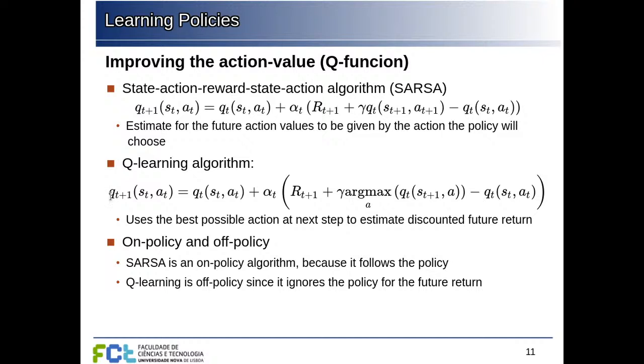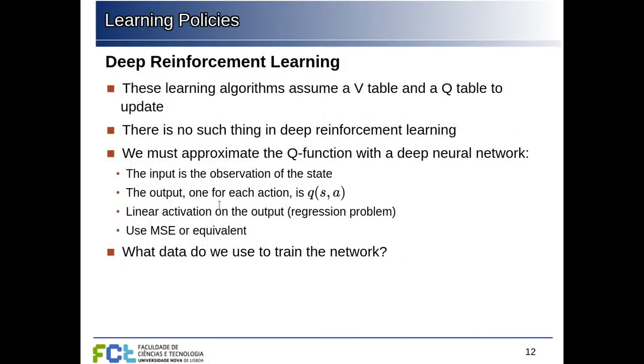So naively, we could think of this network as taking the state and all the actions as input, or the state and one action as input, and then outputting the action value, the value of the Q function for that pair state-action. But this would not be very practical because then we would need to feed different actions into the network and so on. It's best to do it like this.